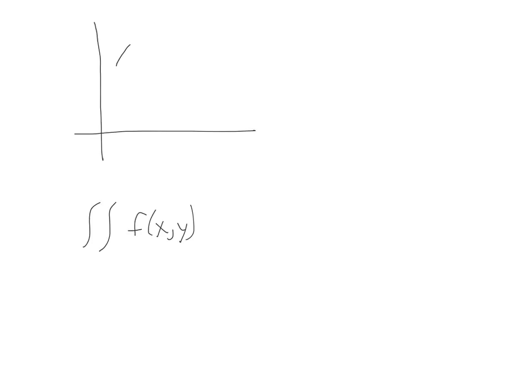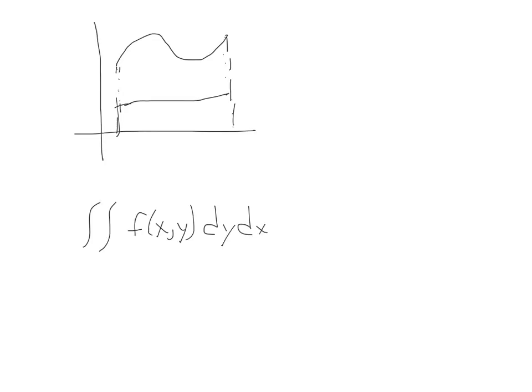If it happens to be a region that looks something like this, so say we've got a curved upper boundary and a curved lower boundary, but lateral boundaries that look like vertical line segments, then I would probably integrate with respect to y first and then x.